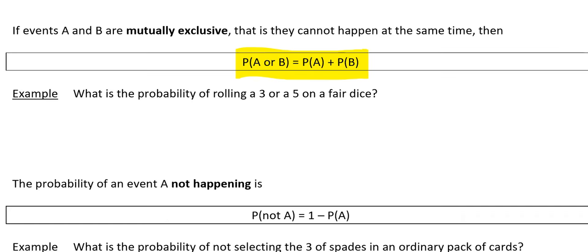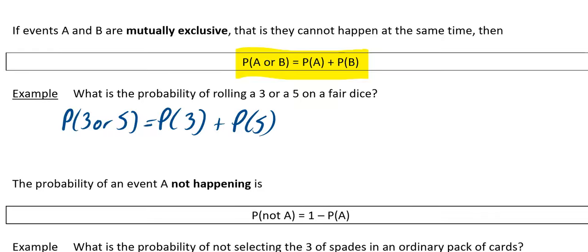So the probability of a 3 or a 5 equals the probability of a 3 plus the probability of a 5. The probability of a 3 is 1 over 6, the probability of a 5 is 1 over 6, which works out to be 2 over 6. A very important thing in probability is to cancel down, so top and bottom divide by 2 to give you 1 over 3.